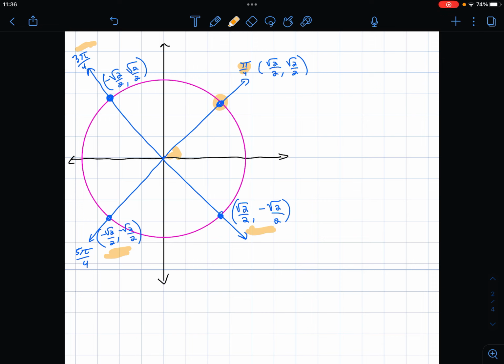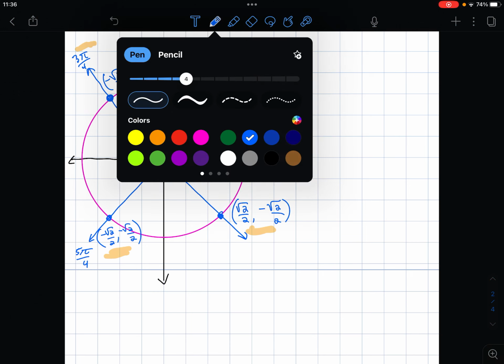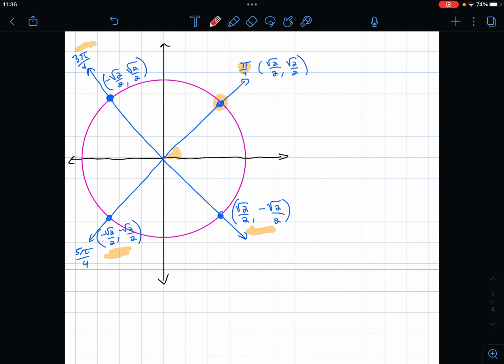And the interesting thing here is this would apply no matter what. There's nothing special about pi over 4. Like, let's pretend I knew that some reference angle of theta here has an xy coordinate of, let's just call it a comma b. Let's pretend I don't really know what it is.